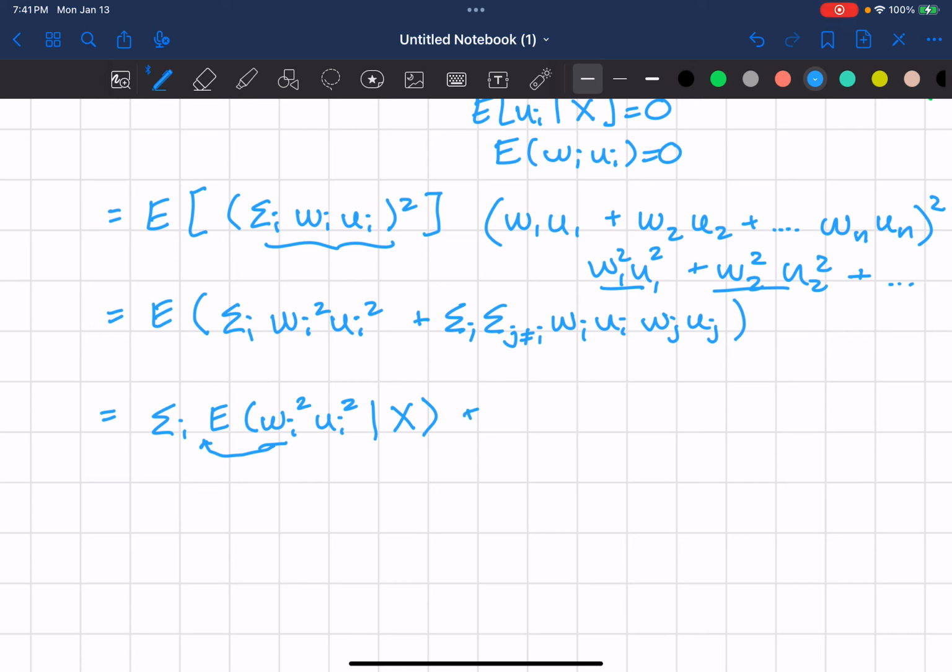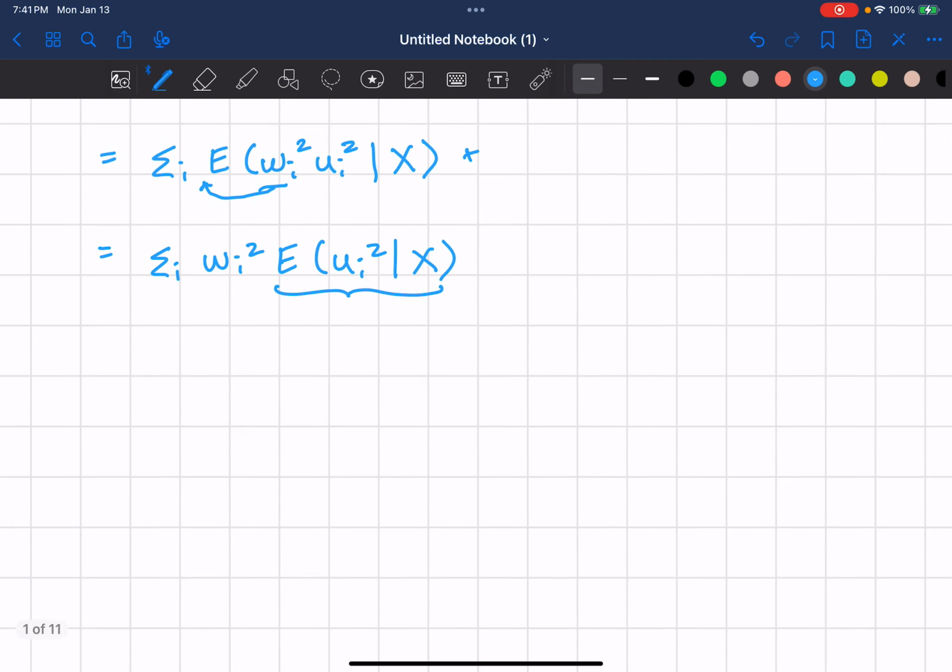And by the way, we haven't dealt with this term yet, but we will. So that's sum over i of wi squared times the expectation of ui squared conditional on X. And this is another assumption that we need to make. We're going to assume this is a constant, which I'll call sigma squared u.